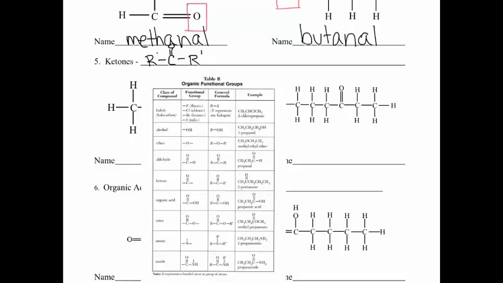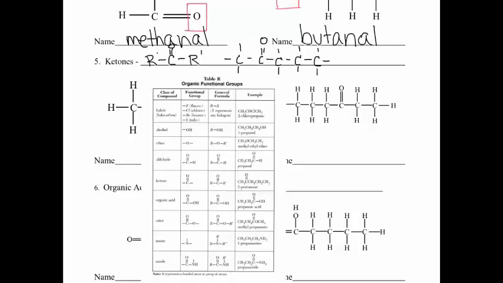Okay. So let's look at the example they have. They gave us a carbon with 3 hydrogens. And then we have a carbon with a double bonded oxygen attached to a carbon with 2 hydrogens, attached to another carbon with 2 hydrogens, attached to another carbon with 3. And they called it 2-pentanone.